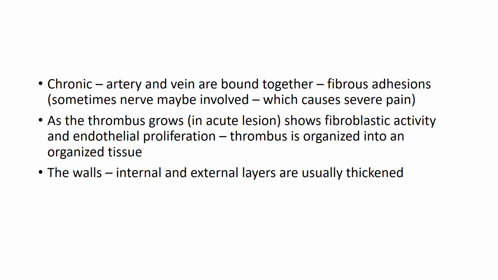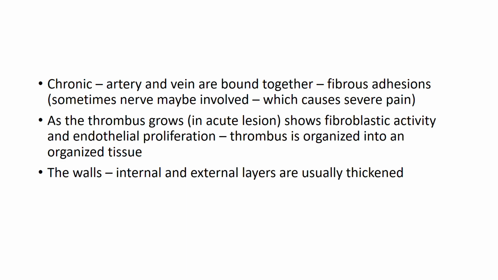Now, if you go for the chronic lesions, when the acute inflammation settles down, it results in the fibrosis of the arterial wall. Now, sometimes this particular phenomenon also extends to the vein, that is, the fibrosis extends to the veins and the nearby nerves.